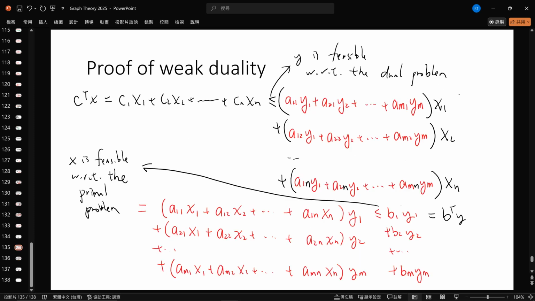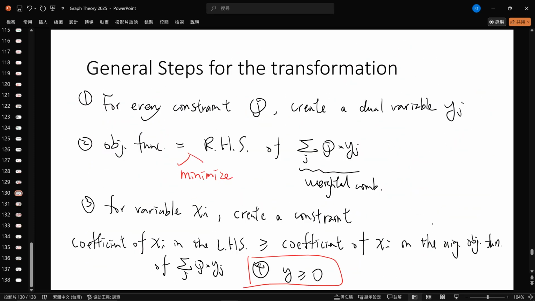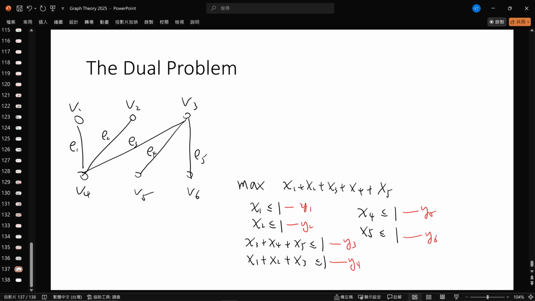Second step, we find the objective function in the dual problem. The dual problem for a maximization problem is always a minimization problem. So we want to minimize something.